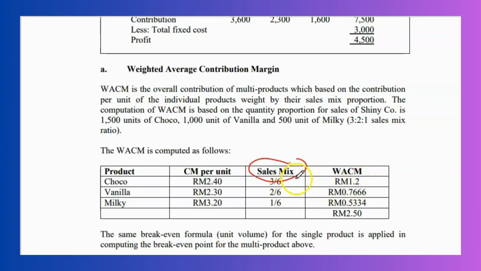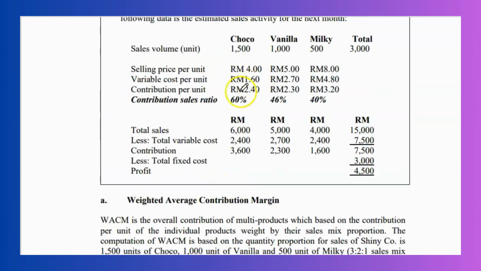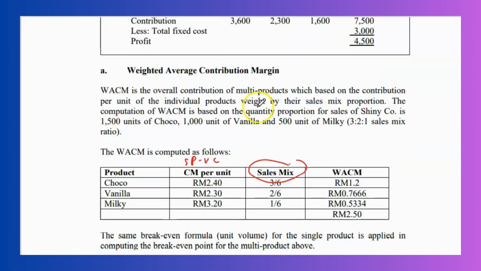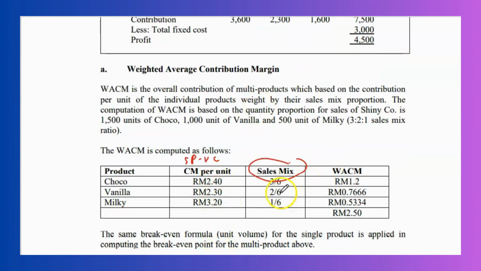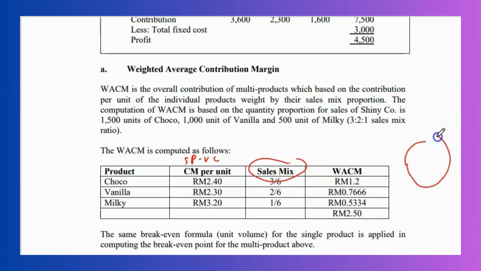How do they get the sales mix? The CM is very easy: it is the SP minus VC, which you compute for each particular product, and it is also given here as 2.4, 2.3 and 3.2. The sales mix is a mixture of sales: how much the sale is for cocoa, how much for milky and vanilla.